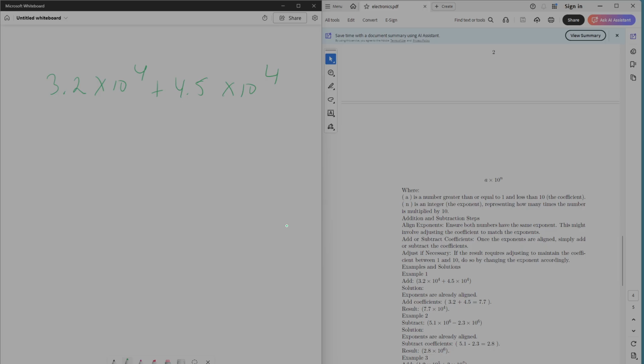As you can see, the exponents are both 4, so everything is aligned already. All we need to do is add the coefficients, 3.2 plus 4.5. 2 plus 5 is 7, 3 plus 4 is 7. So the answer is 7.7 times 10 to the 4th.